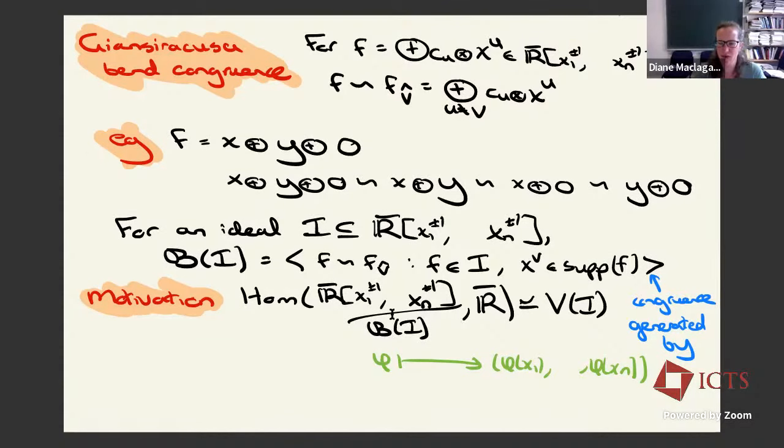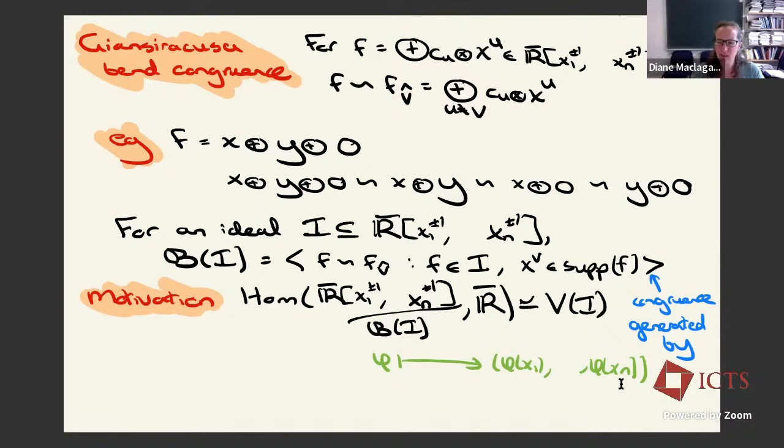It often helps to replace R-bar by a field K and the bend congruence by an ideal. So this homomorphism is determined by what it does to x1 up to xn, and I take the homomorphism to the vector phi(x1) up to phi(xn).